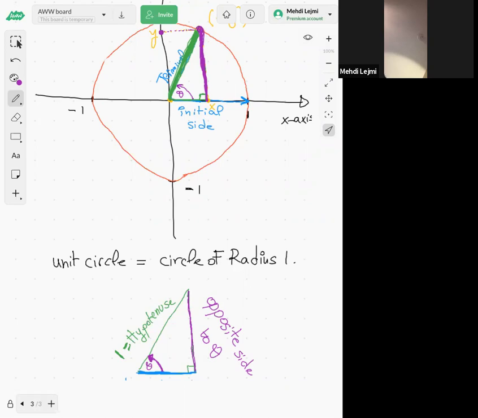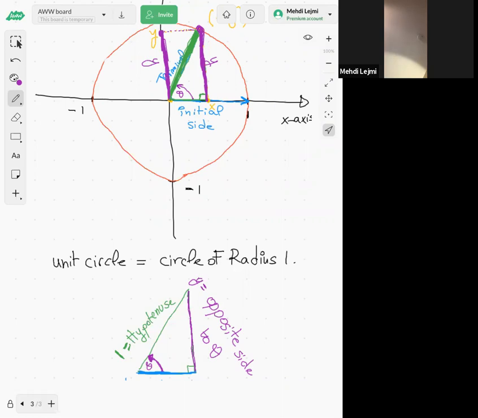So the length of this opposite side is just equal to y, because both have exactly the same length. So y is equal to my opposite side.